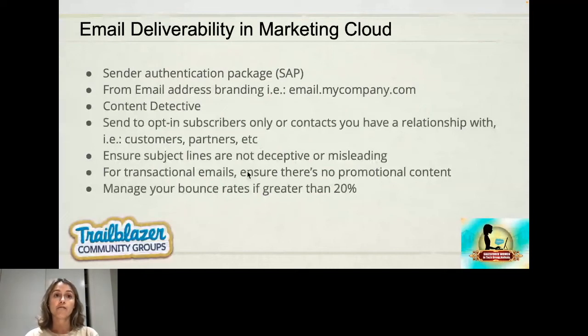And if you have bounce rates that are higher than 20%, again, that's a really big red flag that you should have another look at your data and make sure that, one, the email addresses are correct. So have a look at the bounce tracking, at the bounce data view.